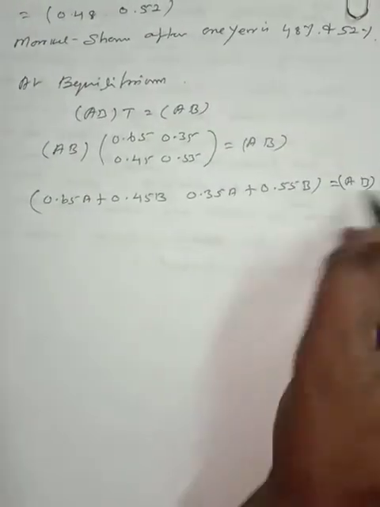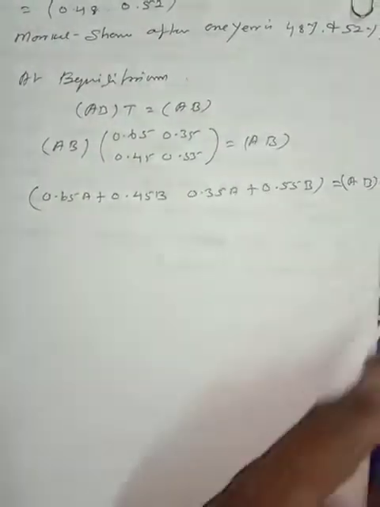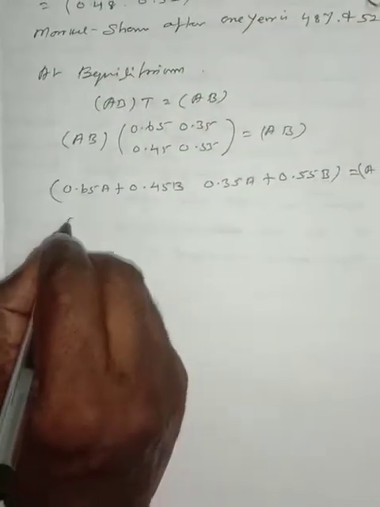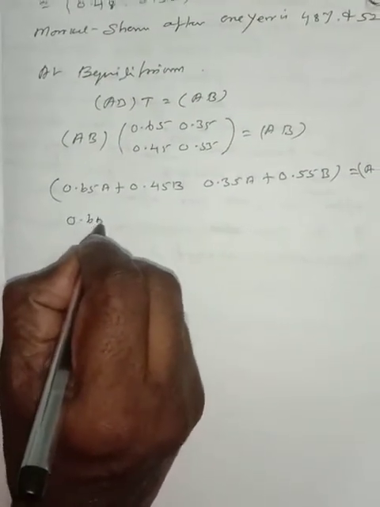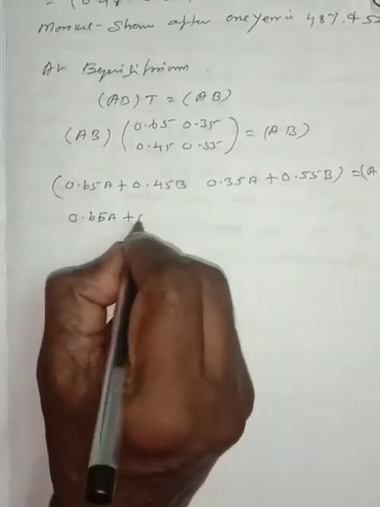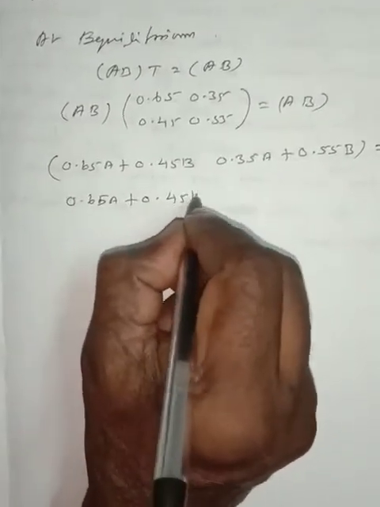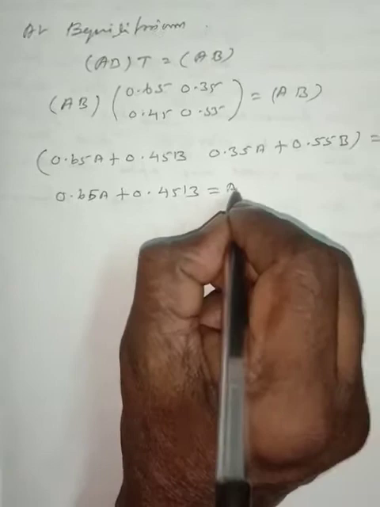Now 1 cross 2 matrix, 1 cross 2 matrix. First is equal to first, second is equal to B. Therefore 0.65A plus 0.45B is equal to A.